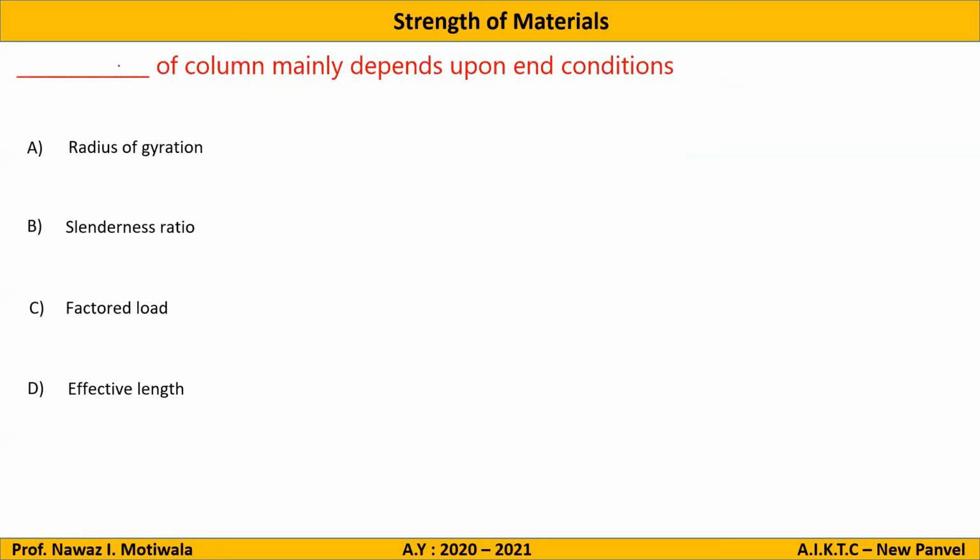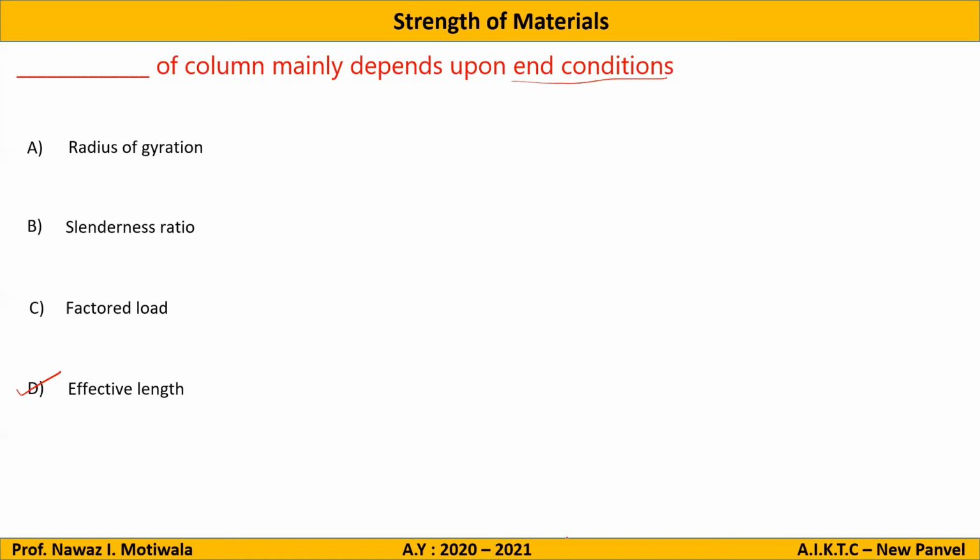Next question. Dash of a column mainly depends on end conditions. What depends on end condition? The effective length depends on the end condition. We have seen the four different cases for effective length. If both the ends are pinned, Le is equal to L. Both ends fixed, Le will be equal to L by 2.